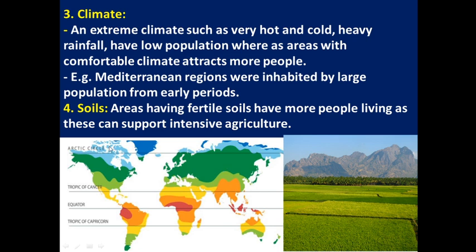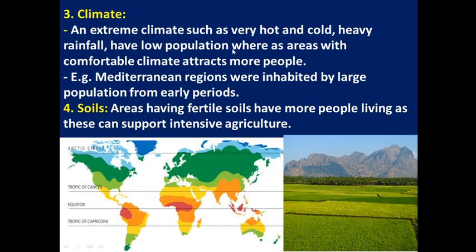So regions very cold and near the polar regions, and regions near the equator, where we also have high rainfall, have low population, whereas comfortable climatic conditions attract more people.